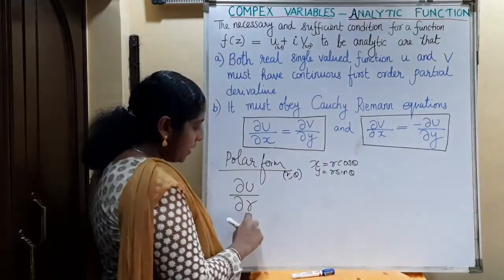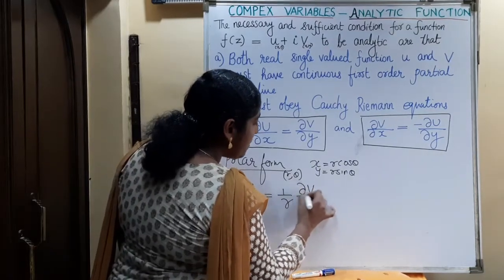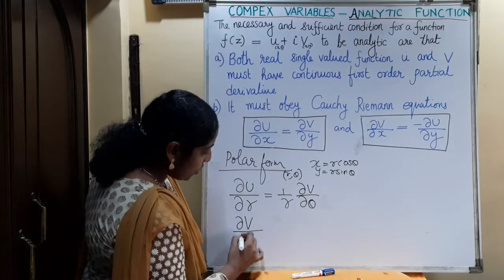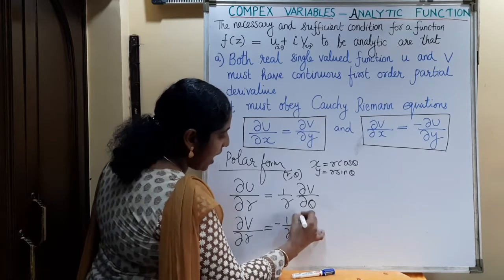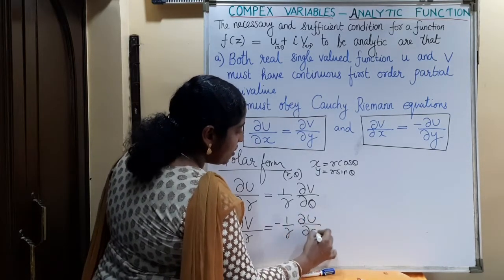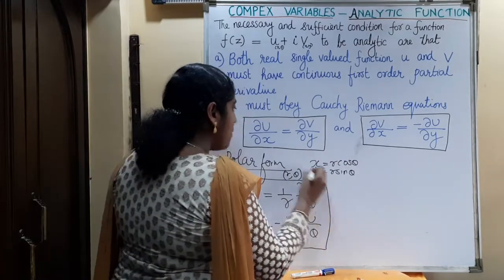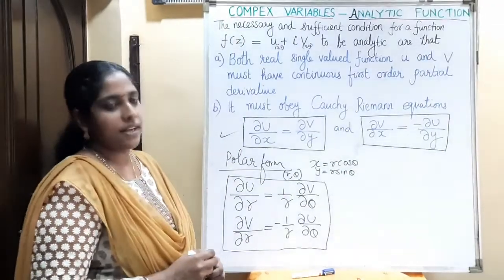So dou u by dou r is equal to 1 by r dou v by dou theta, and the second Cauchy Riemann equation is dou v by dou r equal to minus 1 by r dou u by dou theta. So these are the Cauchy Riemann equations in polar form. These are the Cauchy Riemann equations in x and y.